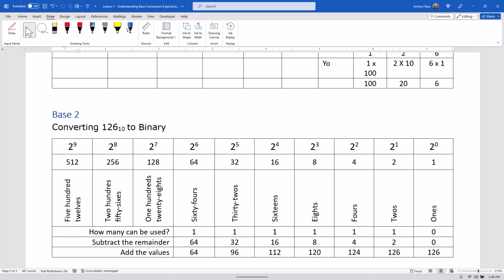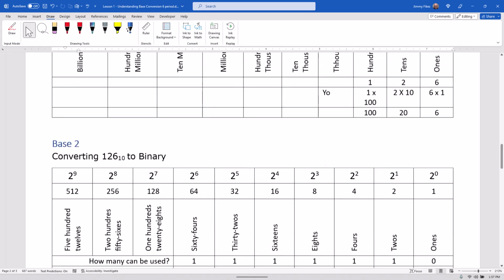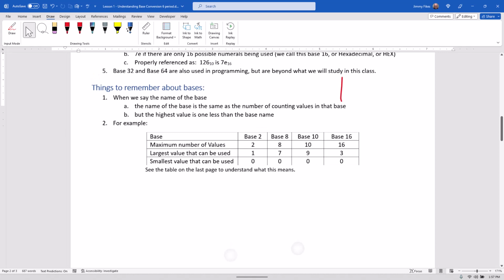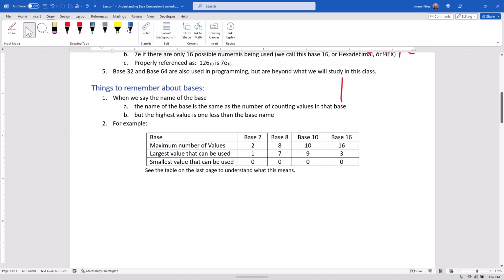All right, so go back up to the top. Look at the bottom of page 1, things to remember about bases. When you say the name of the base, like base 2 or base 8, you are telling us right then how many counting values there are for that base.